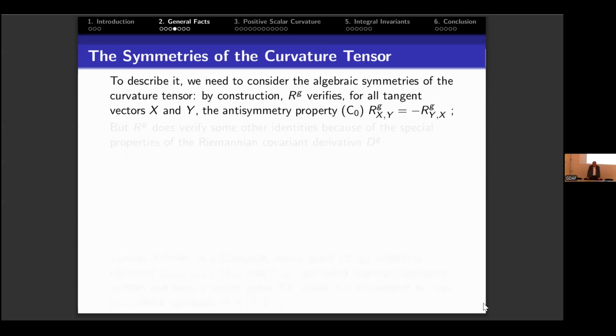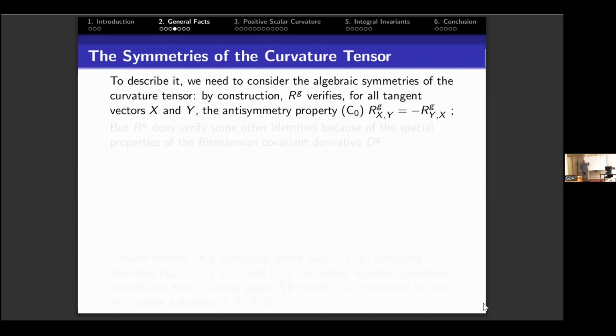Actually, it will be very important for us to look back at the Riemann curvature tensor and look at its symmetries. And actually, by definition, if you look at the way the curvature is defined, and maybe I should have written the definition, then maybe I write the definition of the curvature. But I should have done that in my slide, which I missed.